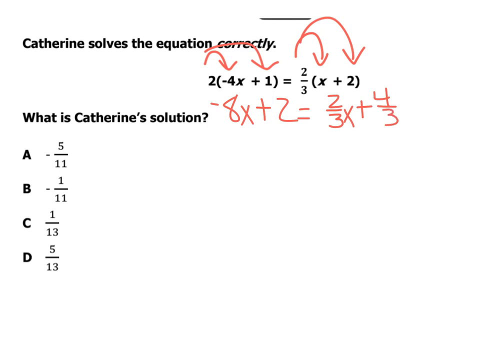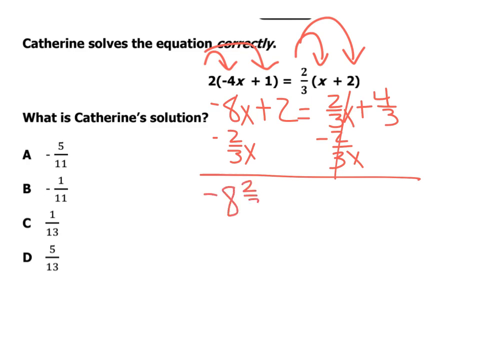Bring over your 3. So I'm going to go ahead and subtract 2/3 x. That goes away. And this is going to simplify to negative 8 and 2/3 x plus 2 equals 4 over 3.